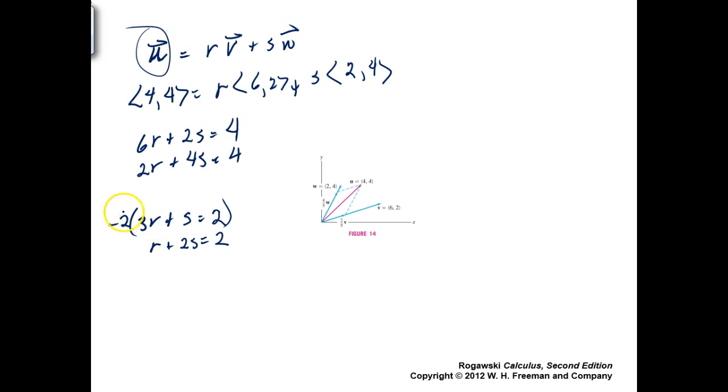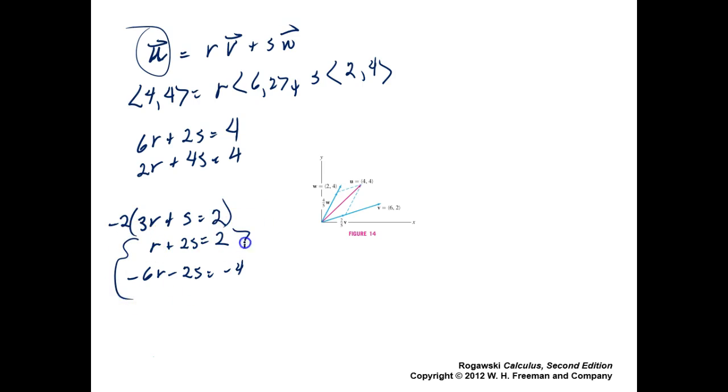What would that give you? Minus 6r minus 2s is equal to -4. And add that to this top one.